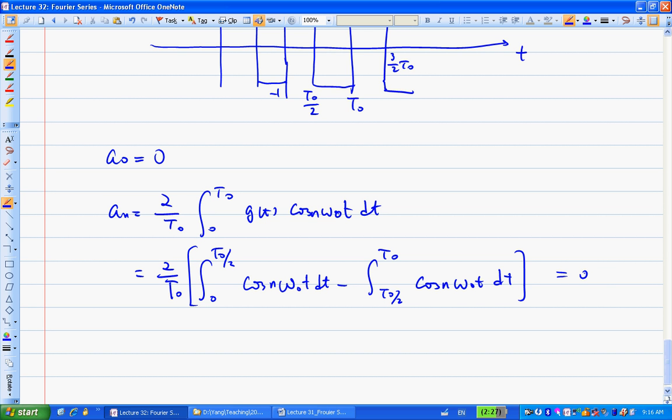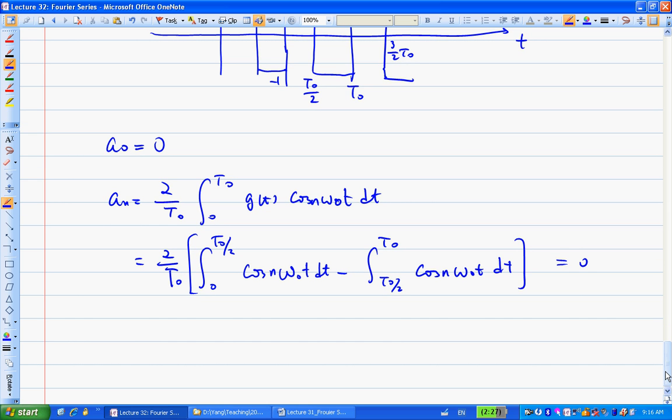And there's also a shortcut here using some properties. So this is another new thing. The shortcut is basically dealing with functions called even functions and odd functions. So f of t equal to f of negative t is called an even function.